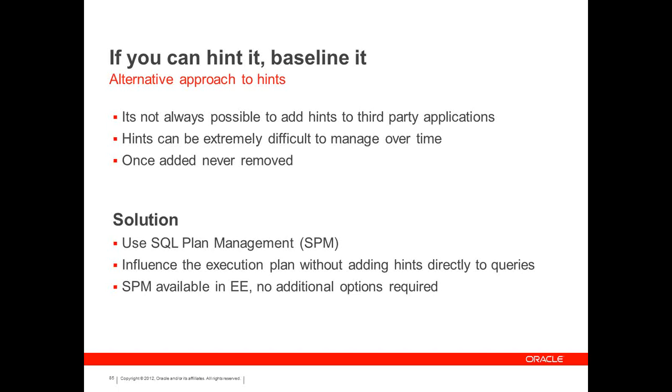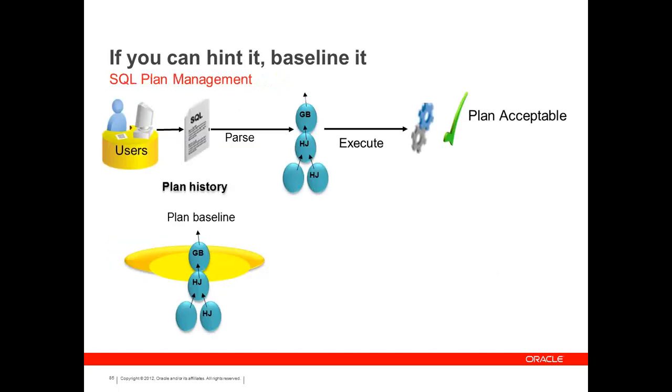So basically, if you can hint it, we can baseline it. And this will make it so that you never need to put into production a query with hints inside of it. And this is the approach you would take.